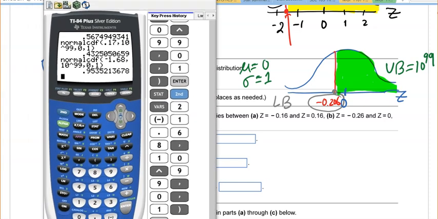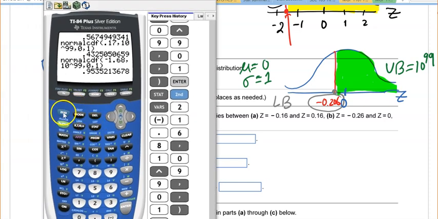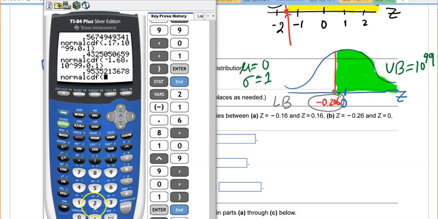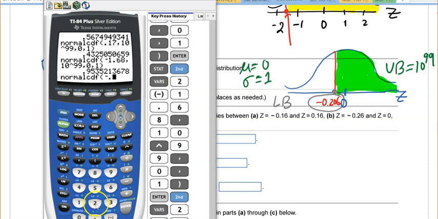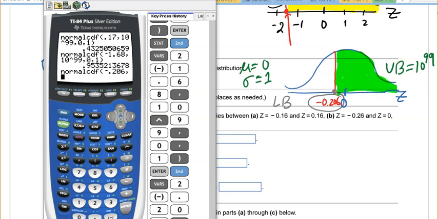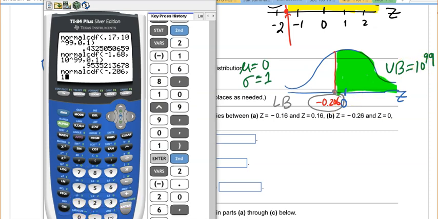Let's put that in the calculator. Second VARS, normal CDF, number 2, and you use lower bound here, which is negative 0.206, comma, upper bound 10 to the power 99.